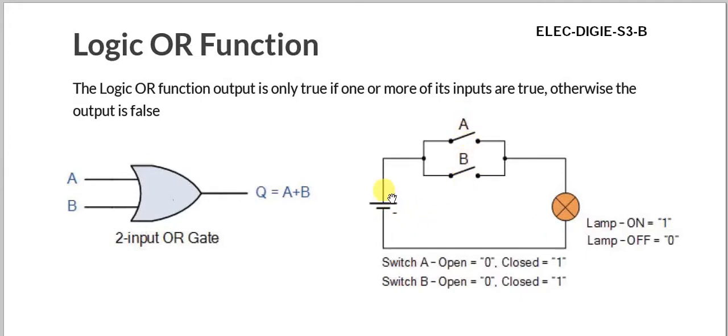This circuit is an open circuit, so current will not flow in this circuit, it will reach only up to this level. So the bulb will be off. That means if input A is 0 and B is 0, the output is 0. So the lamp is off, off means Q is equal to 0.